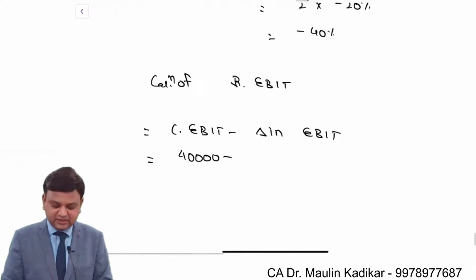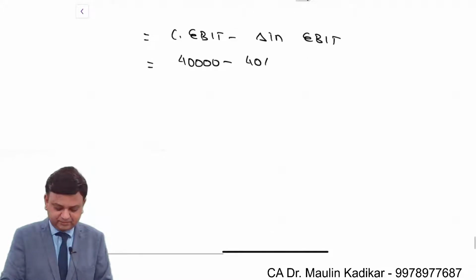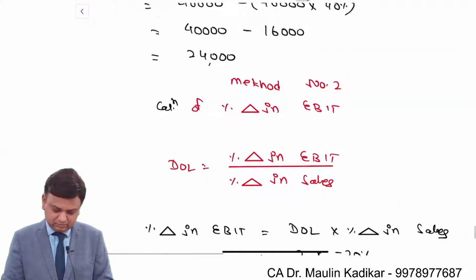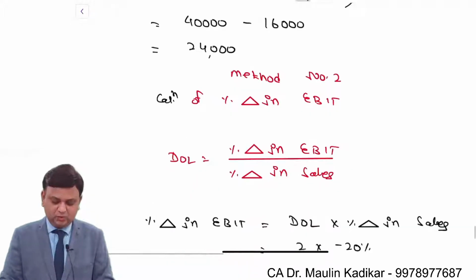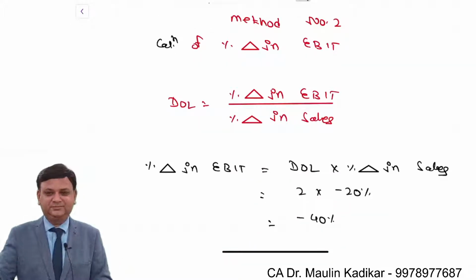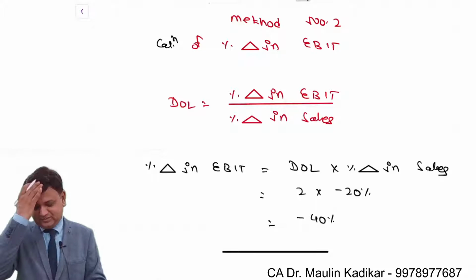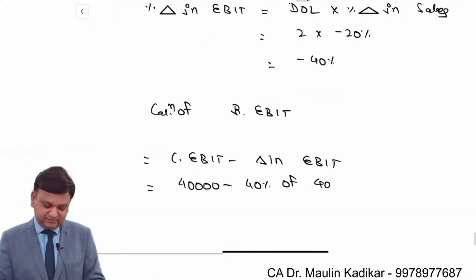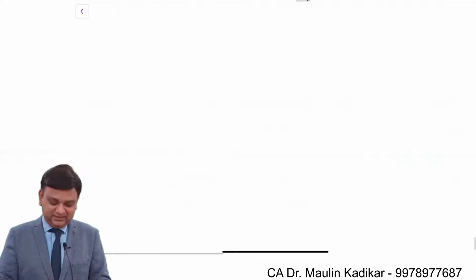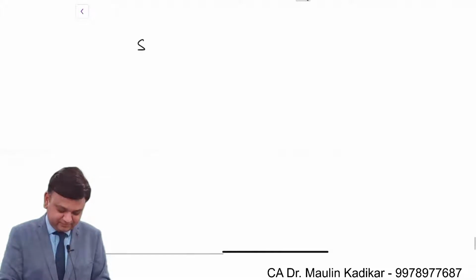So 40,000 minus 40 percentage. Oh, I'm sorry, I made a mistake. Method number 2, I'm writing.